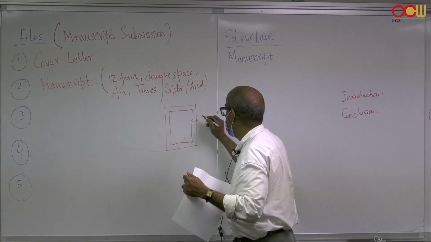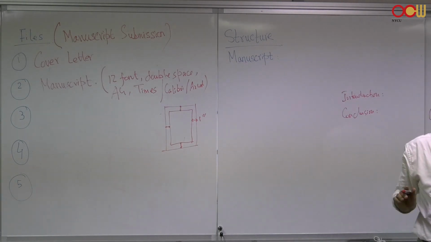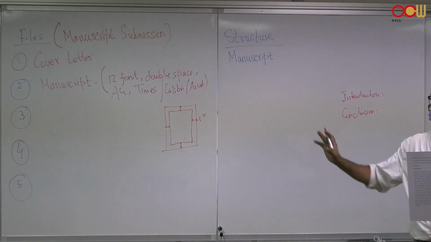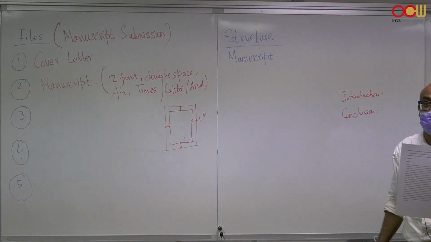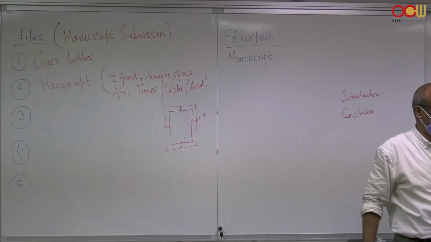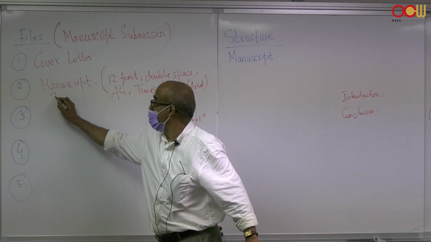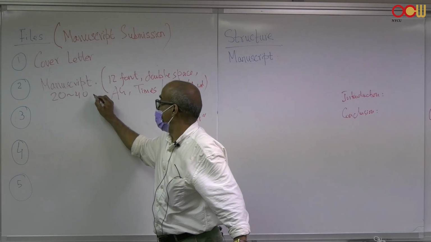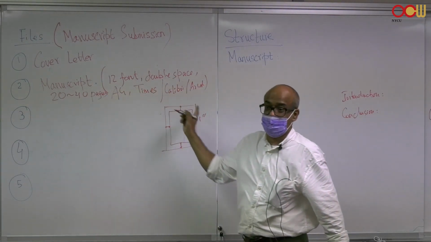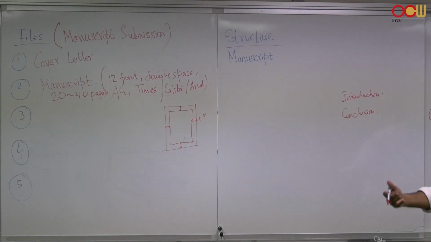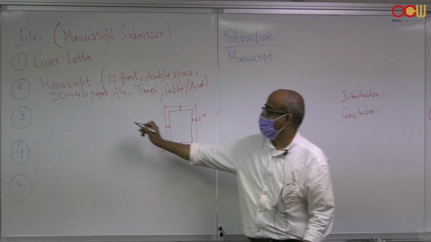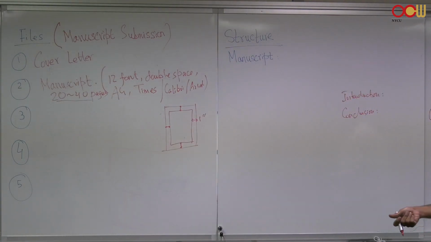All these margins are 1 inch. So your manuscript or your project should have roughly 20 to 40 manuscript pages. At the end of this project, you should have 20 to 40 pages of writing.